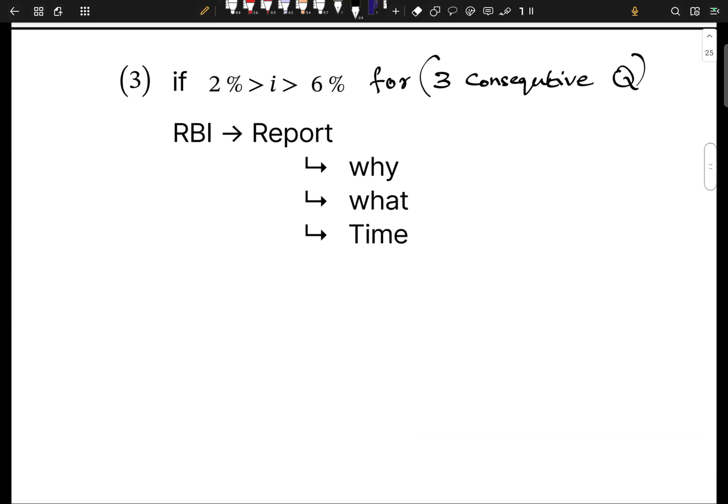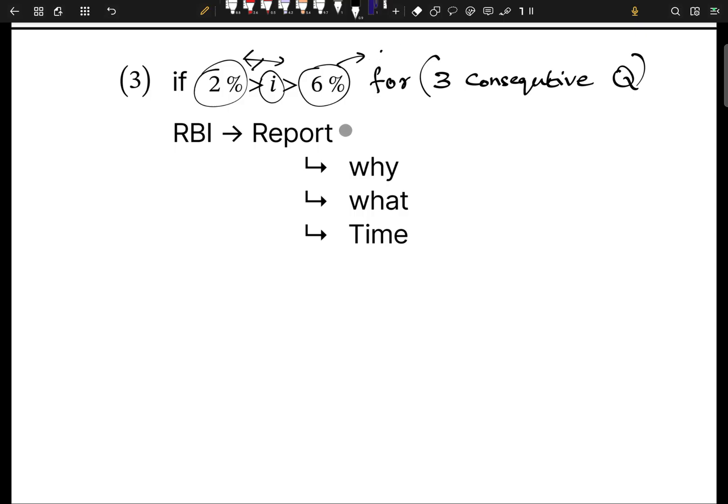And feature number 3 under the monetary policy framework agreement is, if the RBI fails to maintain the inflation rate within the bandwidth, that is, if the inflation rate is less than 2% or more than 6%, the RBI is deemed to have failed.